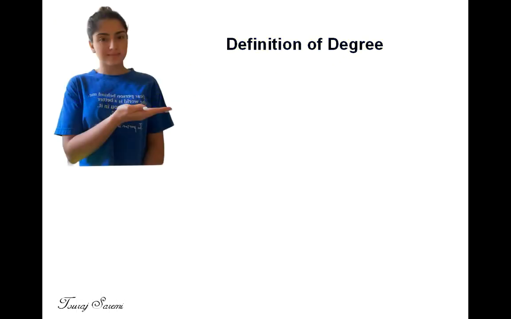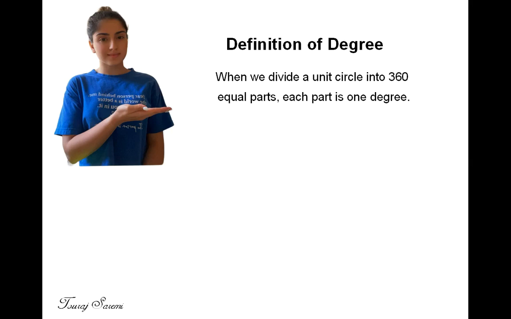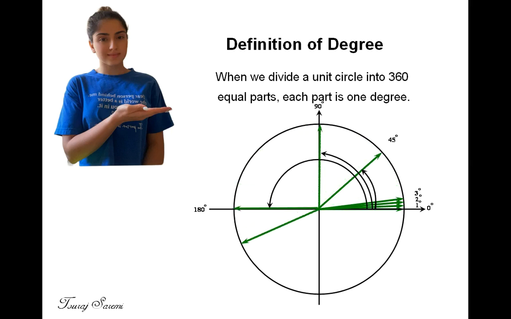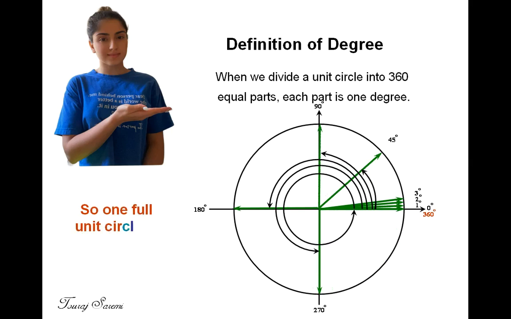Definition of degree. When we divide a unit circle into 360 equal parts, each part is 1 degree. So 1 full unit circle is 360 degrees.